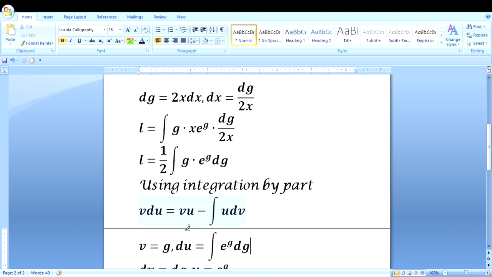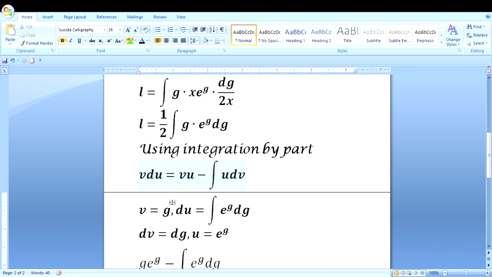Now, our choice of v and u depends on the two functions given here. The first one is the one that is easily differentiable. Though the two are differentiable, which of them do we differentiate and it will reduce it? It's g. If we keep on differentiating exponential g, it will also be exponential g. So that will become the one that is integrable. So exponential g will be the one integrable, and g is the one that is differentiable.